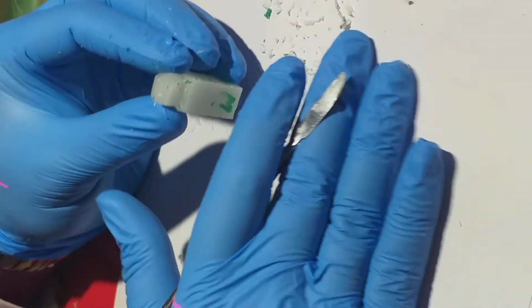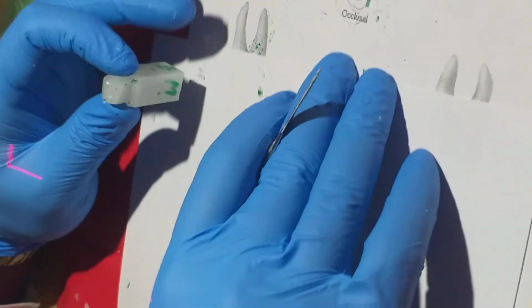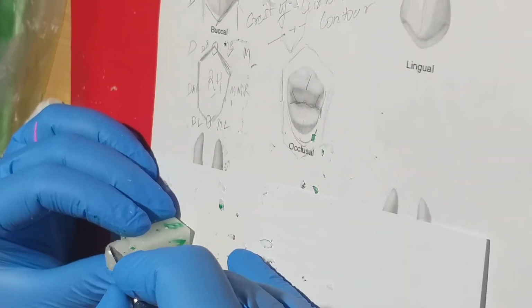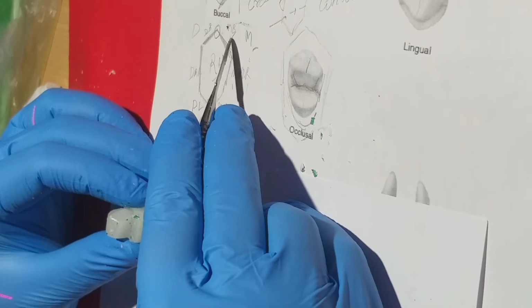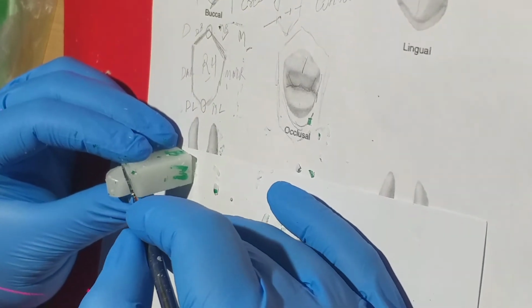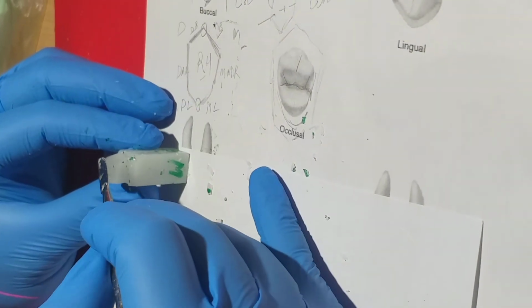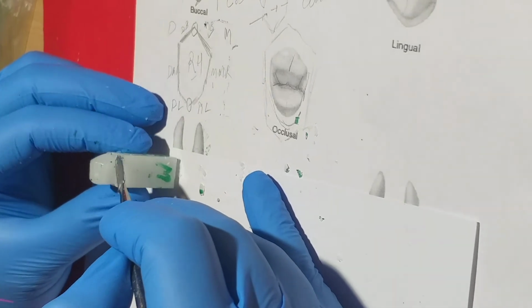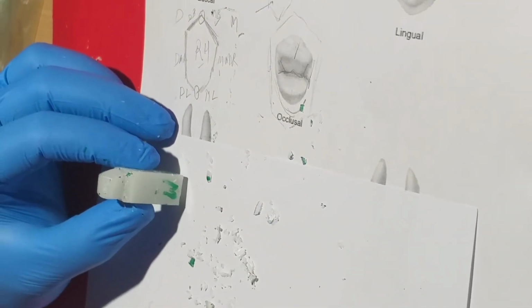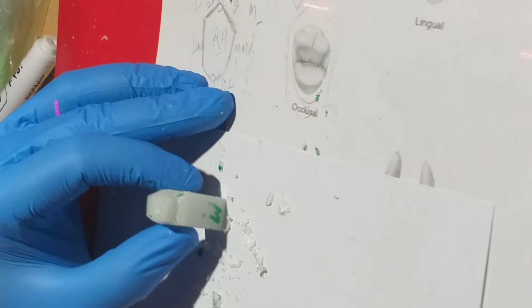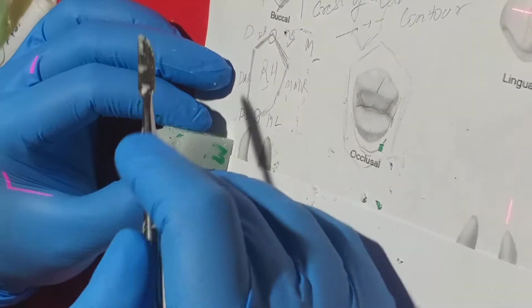Right? So now this we finished. Now, can you make out this? As I told initially, the mesiobuccal is wider here. Next, the distobuccal is smaller than the mesiobuccal.